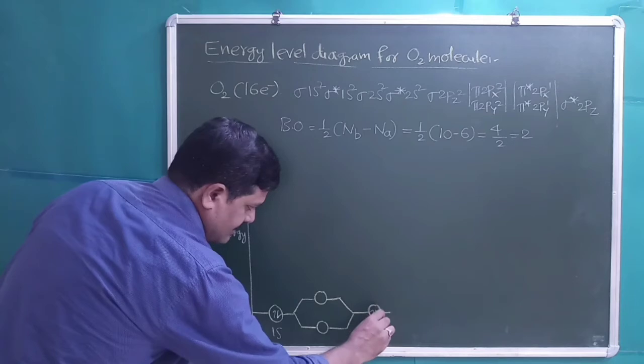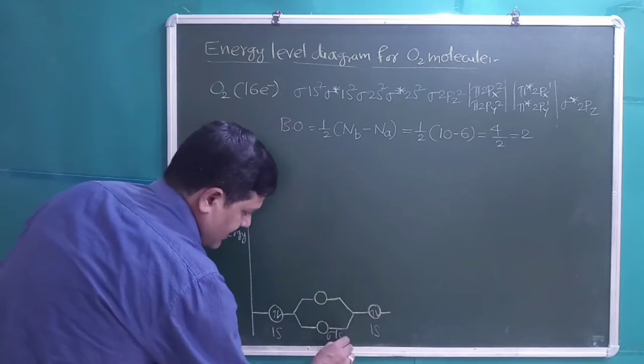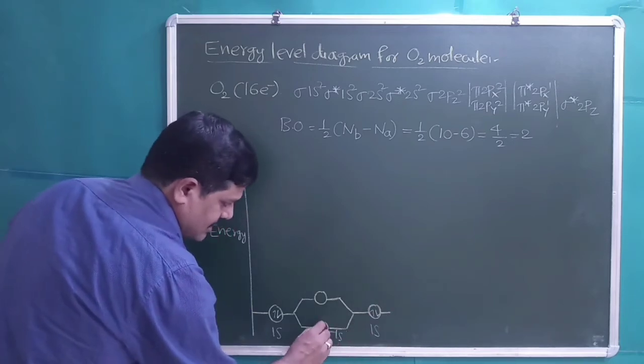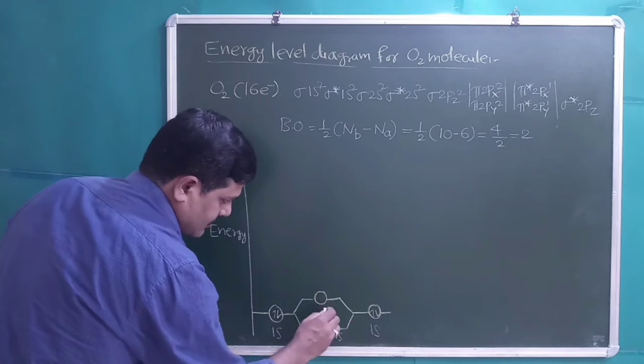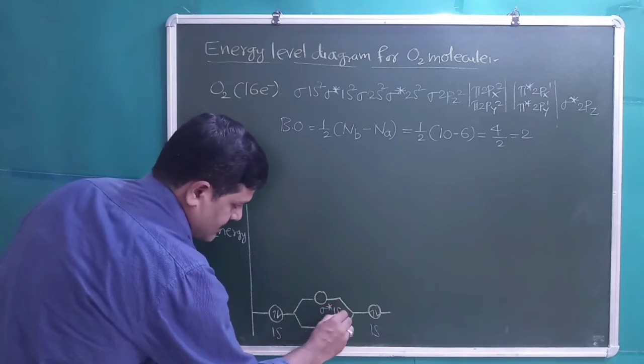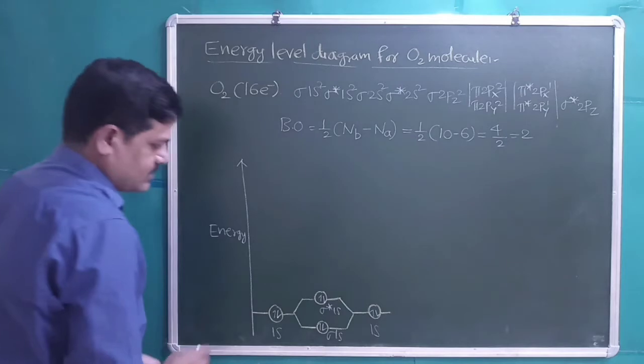Sigma 1s bonding molecular orbital has 2 electrons. Sigma star 1s has 2 electrons.